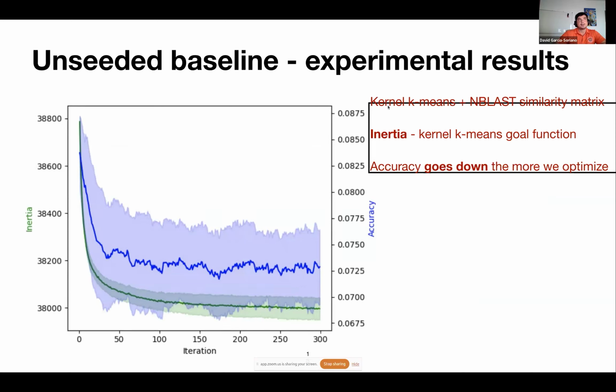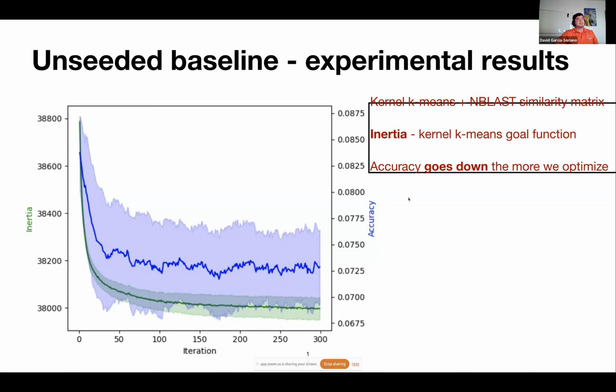Basically, it's a kernel k-means using the similarity matrix computed from n-plus scores. So you can see actually that this doesn't really work very well. We have here the accuracy, and we never really get much better than 7% accuracy using the baseline.